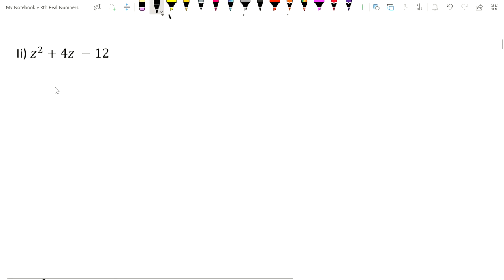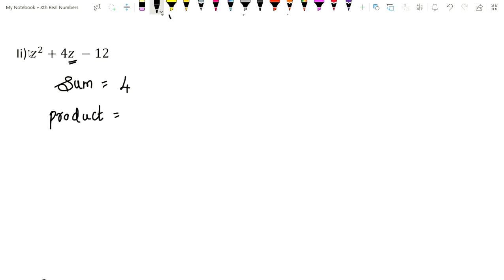First write the sum equals, here the variable is z, the coefficient of z. The coefficient of z is the sum. So sum equals 4. Product equals the multiplication of the constant and the coefficient of z square.